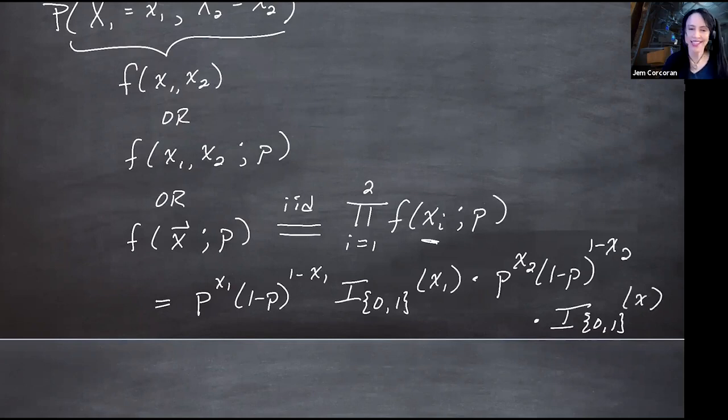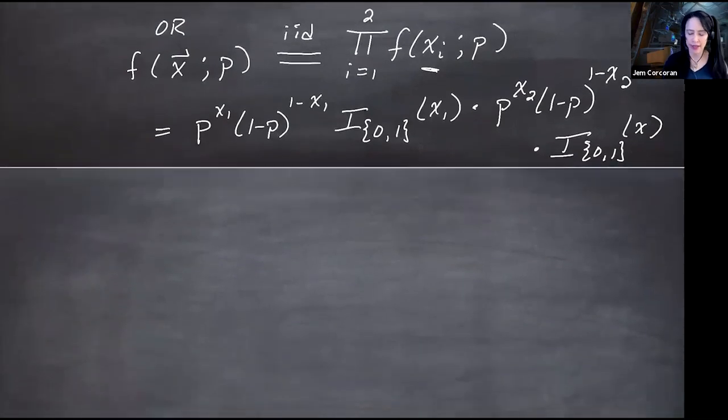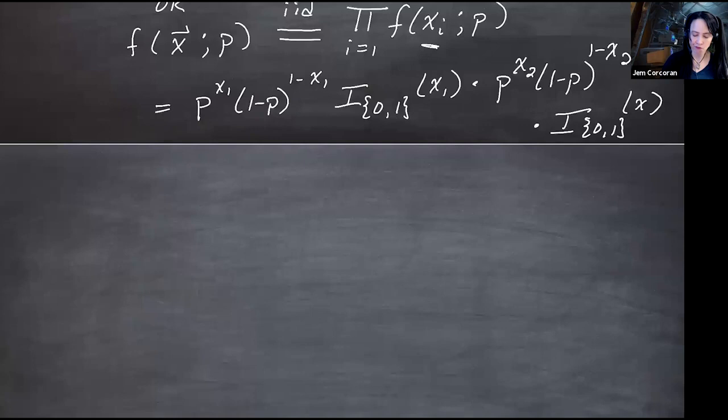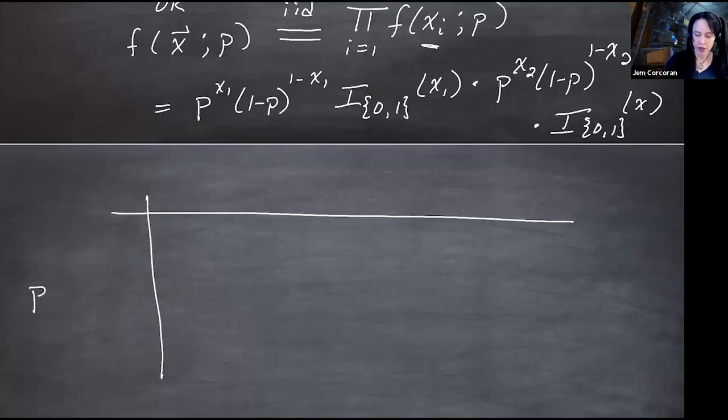But in this case, since there's only these two values, 1 and 0, and there's only 3 values for the probability, I'm going to tabulate these probabilities like this. Over here, I'm going to put p: 0.2, 0.3, or 0.8.